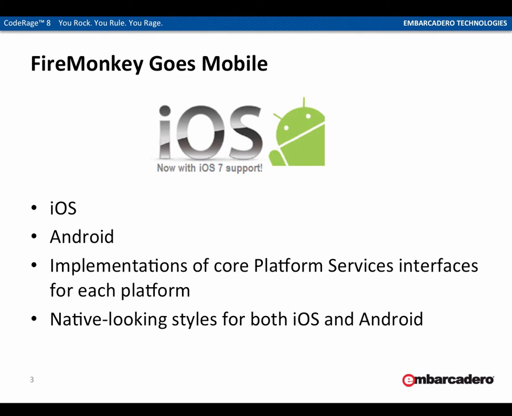This is really how the framework is able to sit on top of the underlying operating system to do things like create application processes, create windows, receive events, draw on the display, and so forth. We also had to define and implement some new platform service interfaces for the unique features of iOS and Android. I'll talk a little bit more about the new platform services a little later in the session.